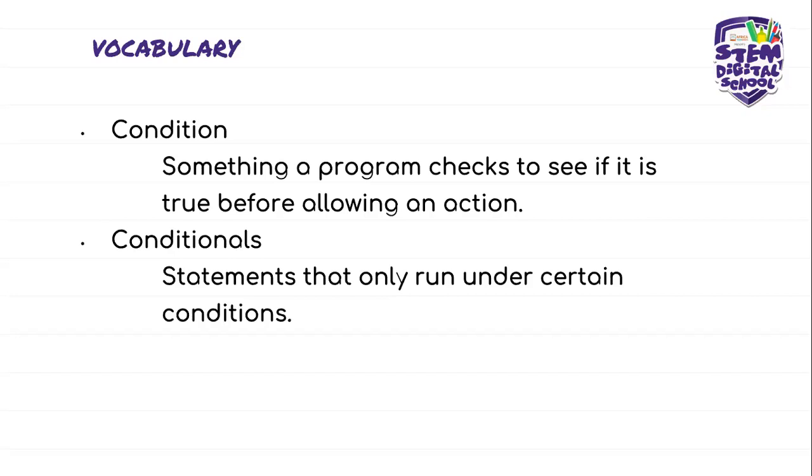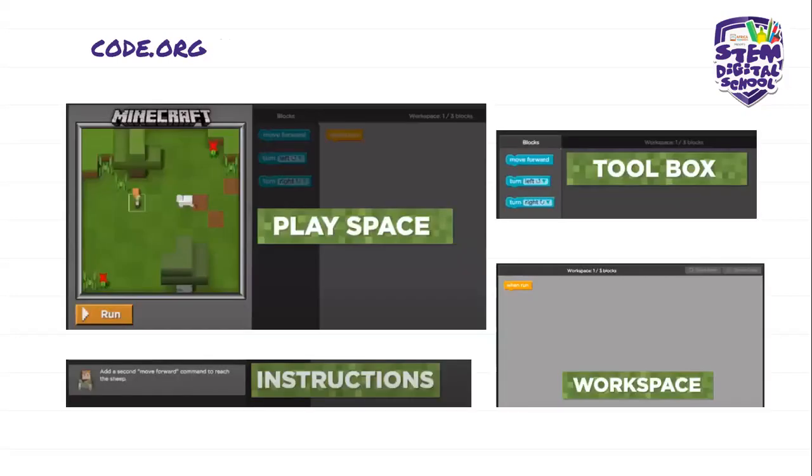Okay guys, so just a quick review, because we're going back to our concept practice, I just want to review these. I think I did review some of them on Friday as well. Just our 4 areas in our program Codeorg, as you can see there: the play space, instructions, our workspace, and our toolbox.